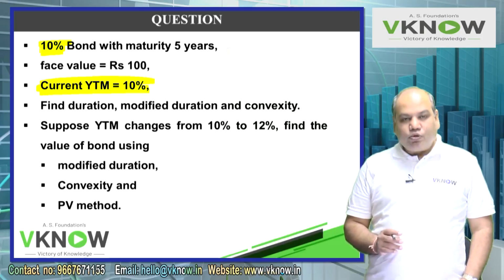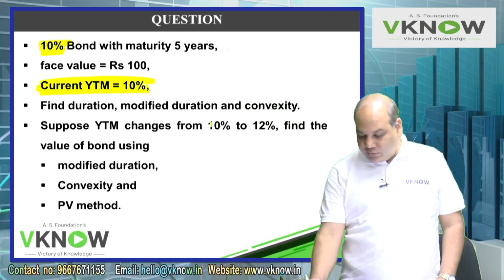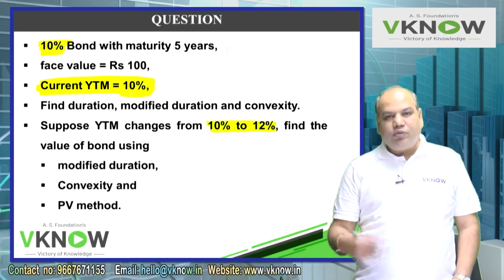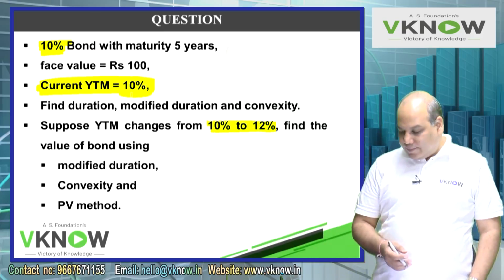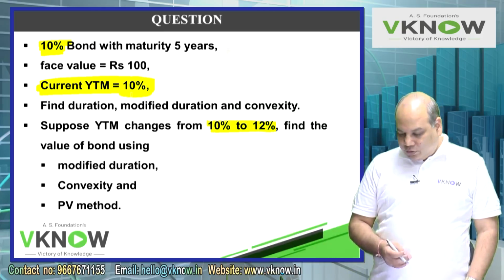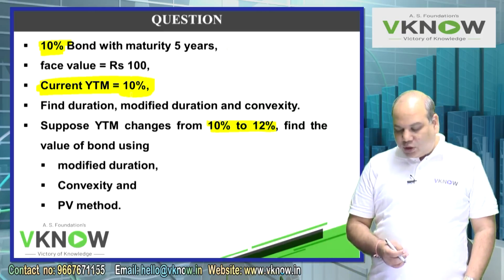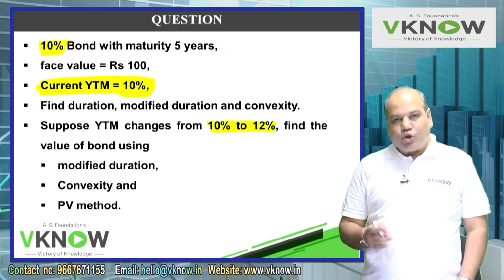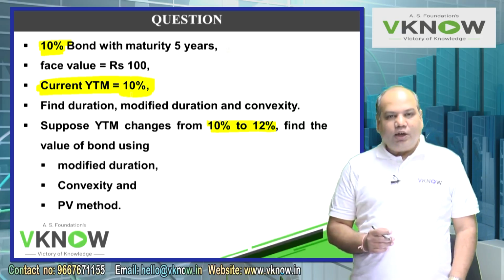Thereafter, suppose YTM changes from 10 to 12. Originally it is 10, it changes to 12%. Find the value of the bond using modified duration, convexity and the PV method.